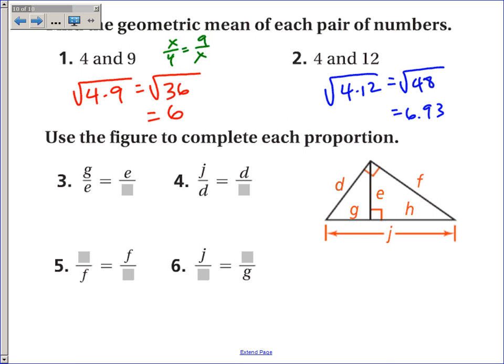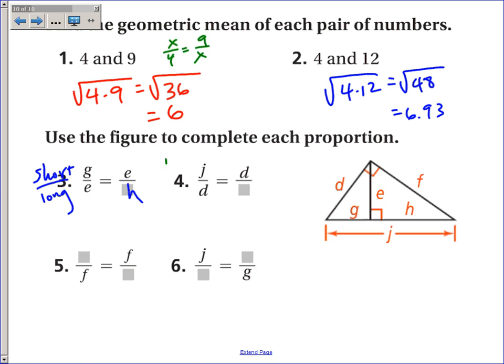All right, use the figure down here to complete each proportion. G over E, that's the small triangle, and it's short over long. G over E is equal to E over what? Now, which triangle has E as the short one? It's the middle one. So the longer leg in the middle triangle is H. Number 4, J and D. J and D are on the biggest triangle.